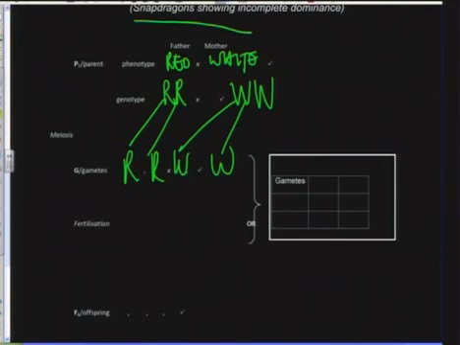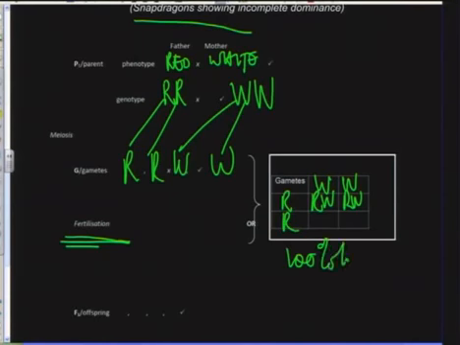And when we use a Punnett square, we write the word fertilization here. Here we will put R, R, W, W, R, W, R, W, and so on. They're all going to be RW. And therefore, our individuals will be 100% heterozygous and 100% pink. They'll all be pink.